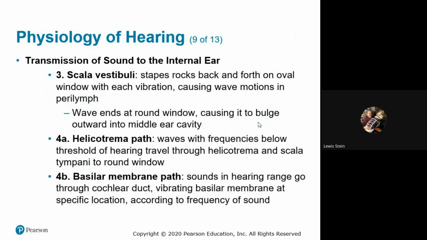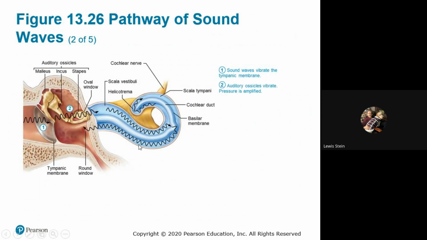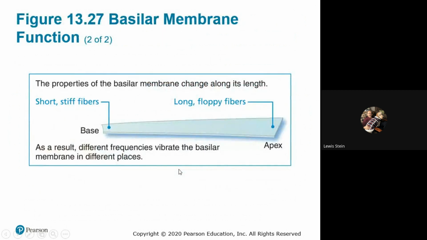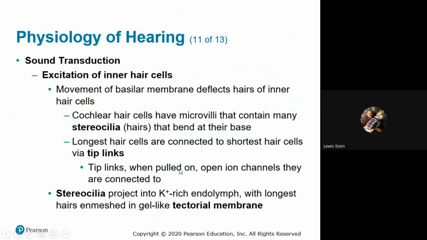Without getting into this, again, this is more physiology. I just wanted to give you a heads up. If the hair cells are near the oval window, it's more high frequency. If they're farther away, it's lower frequency.